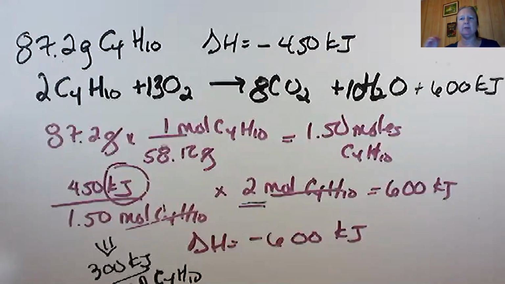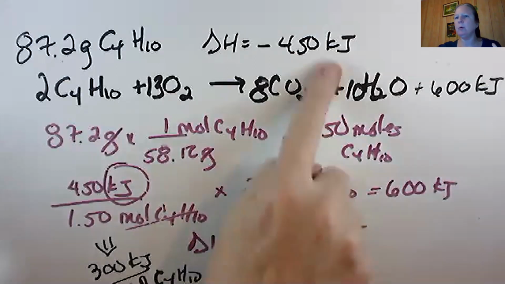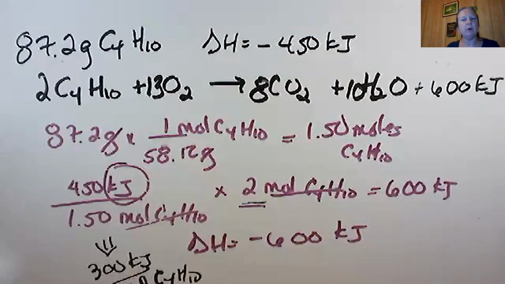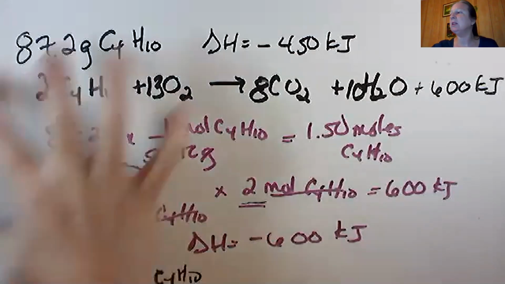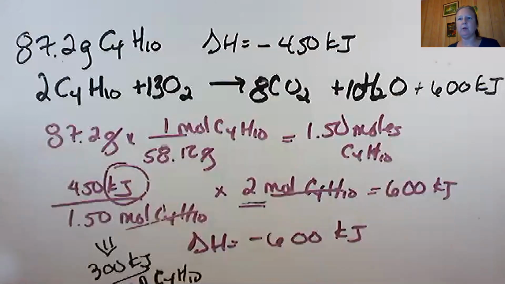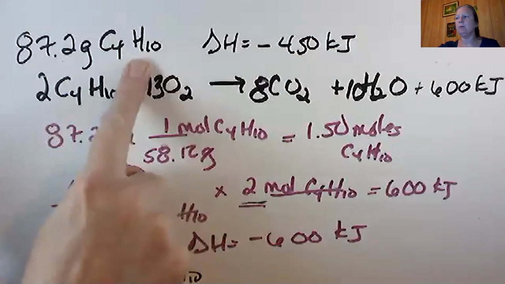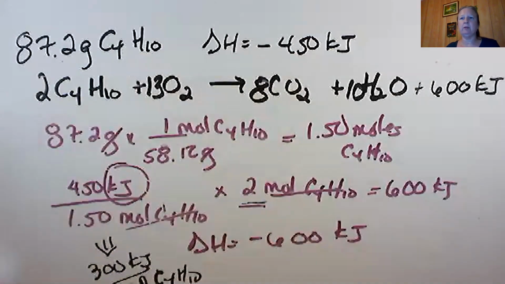This one you might just have to go back and do occasionally to get back in your head how to do it, because it's a little more unusual and we don't work with kilojoules that much. So once every 3 days, go back and do a problem like this, because the layout will be the same for every other problem like this. The numbers will be different, your molecule might be different, but the layout is exactly the same.